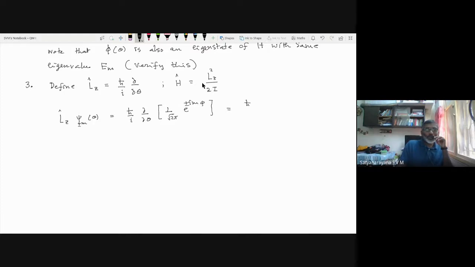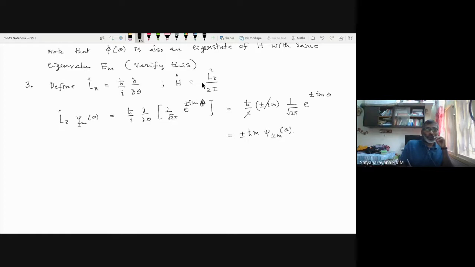So that is equal to h bar by i into, I'm sorry, this is theta, I will get plus minus im, and then 1 by root 2 pi e to the power plus minus im theta. So this I will cancel with this, and you get plus minus h bar m into psi plus minus m of theta.